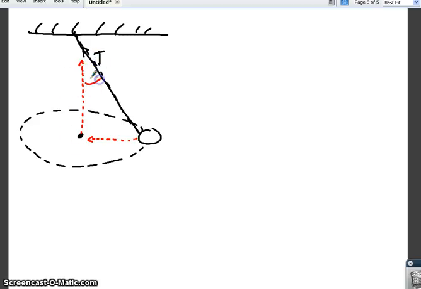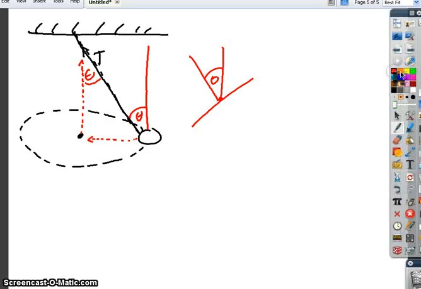So if this is our angle right here, notice if I drew a line up from here, these two angles would be the same. These alternate interior angles, I think, I forgot. These two will be the same. So remember our car situation, like this. Kind of the same thing, same angles.